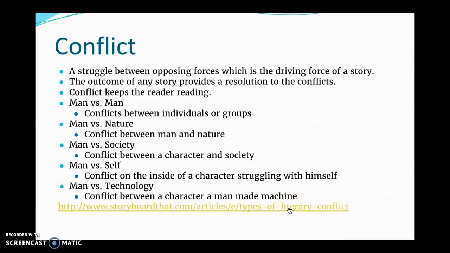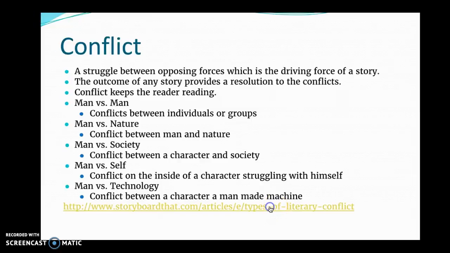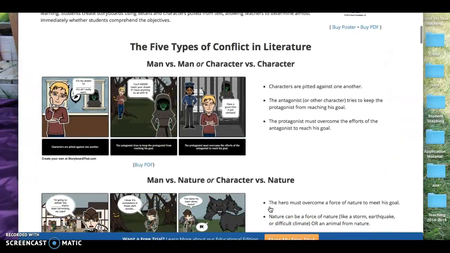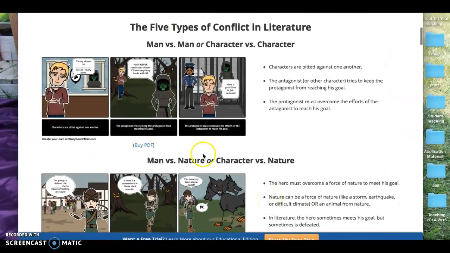Here is a link of a storyboard that you may visit in your spare time. I will click it. It gives you examples of the 5 types of conflict in literature. So here's the storyboard on the left. This is for man versus man or character versus character. These characters are pitted against one another.